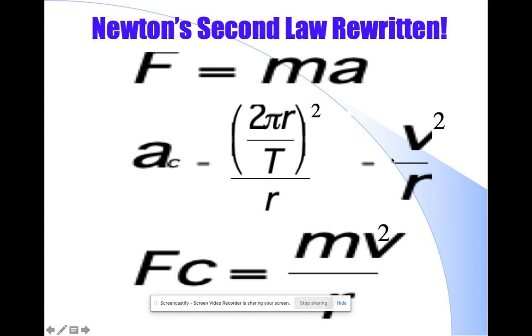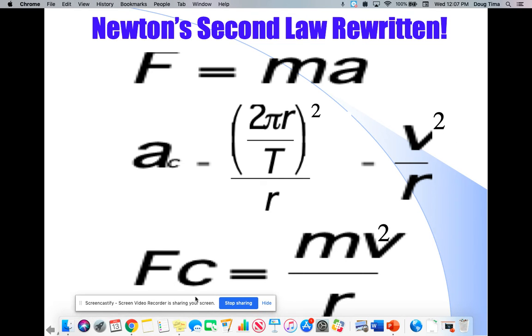So really acceleration is v squared over r. And then we finally get to our new force equation. Centripetal force is m v squared over r. You that are very good at math can see this, but basically what you need to understand is Newton's second law is F equals ma, but on a circle, it's F equals m v squared over r.